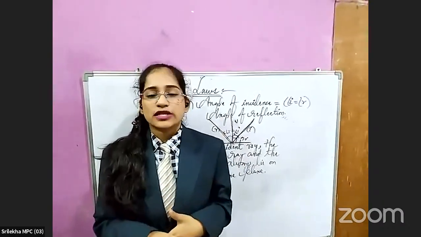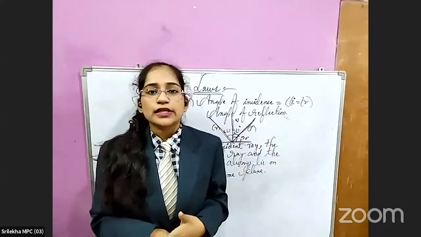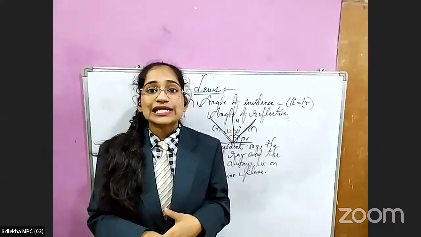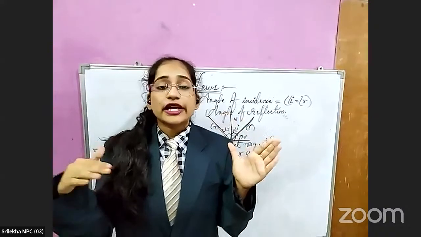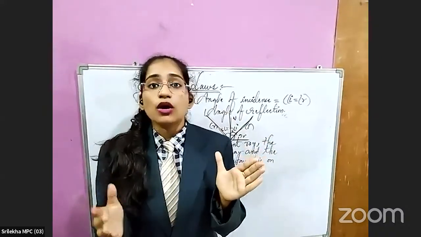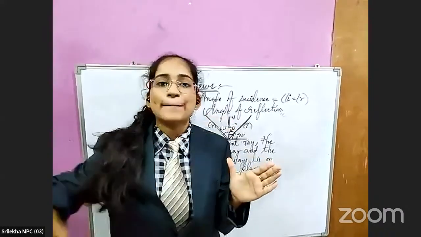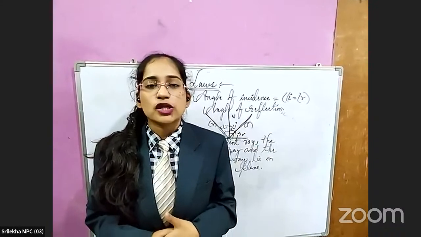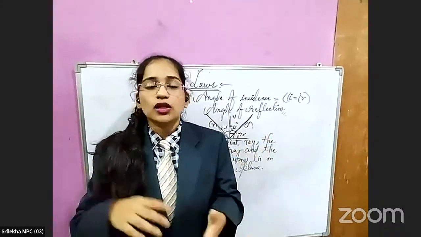Now, let's have a small recap of what we learned in today's class about reflection. Yes, the first thing is definition of reflection. What is reflection? The change in direction of the light rays or bouncing back of light rays from one medium to the same medium is said to be reflection. We have also learned about luminous bodies and non-luminous bodies.